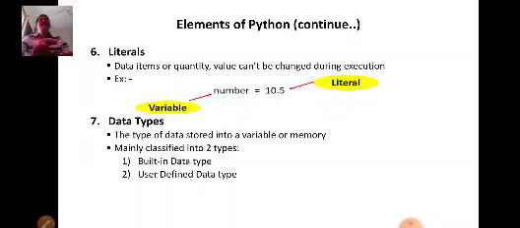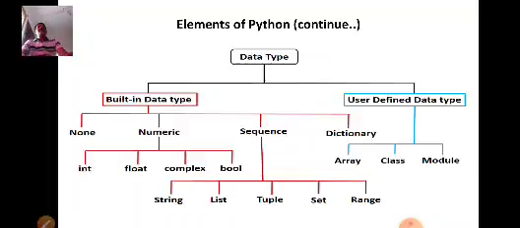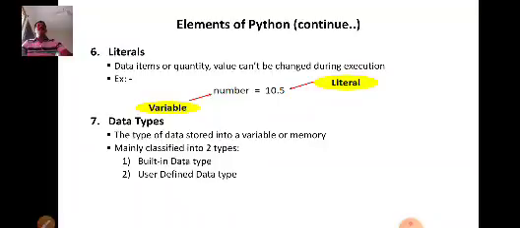Another element in the Python program is literals. These are data items or quantities whose value cannot be changed during execution. Literals are the characters used inside the Python program. Another big building block of Python programs is data types. If we want to write a program, before storing values we first have to declare the variables and represent the data type.